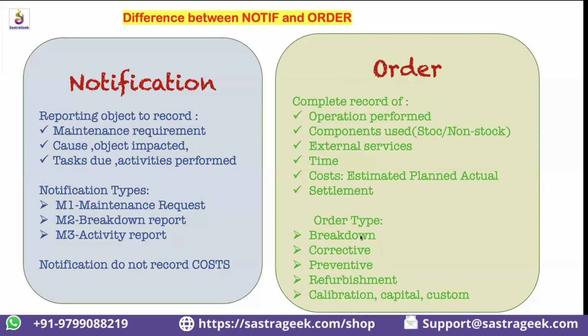So there are breakdown, corrective, and preventive, which is very important. This is one of the key reasons why SAP PM is implemented in businesses. Preventive, right? As Pramila has given the example of your car service, you get a notification ahead, so you don't need to remember the date when your car is going for service.